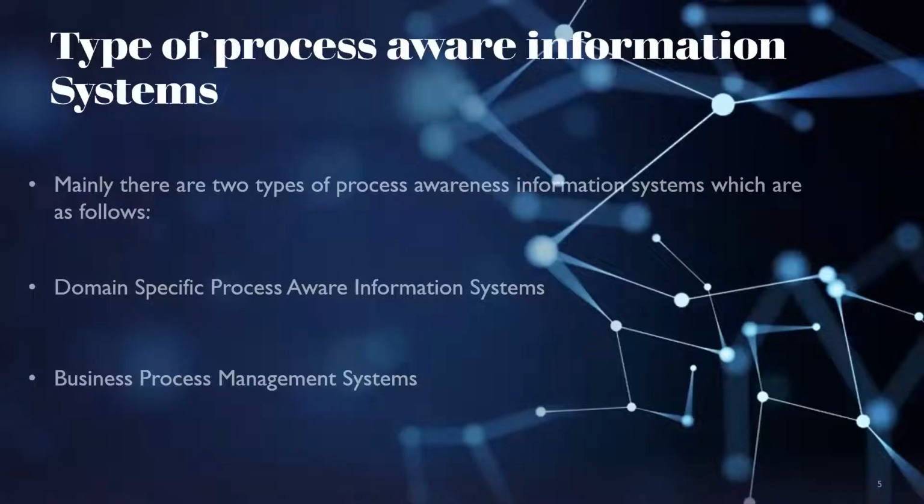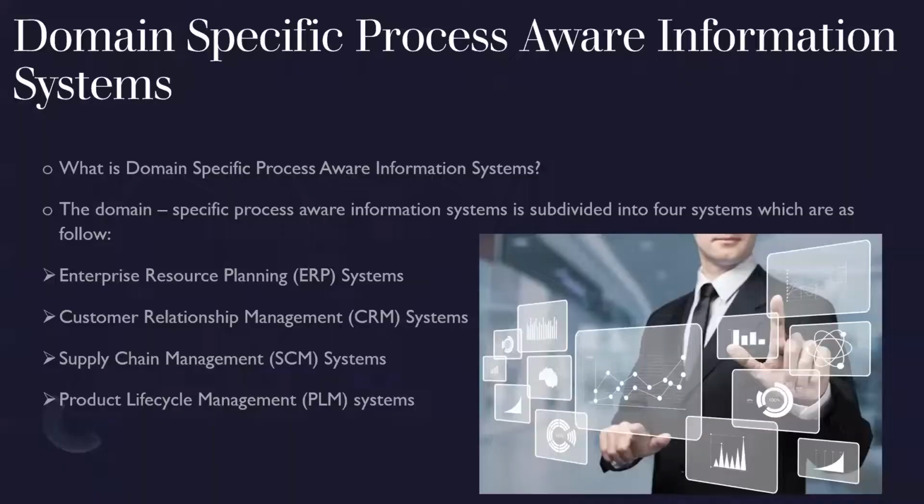Well, types of process aware information systems. So there are mainly two types: domain specific process aware information systems and business process management systems. Domain specific process aware information systems. So what are domain specific process aware systems?